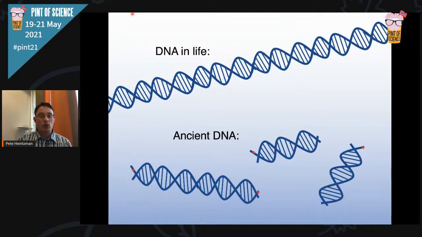It becomes really, really short, basically as short as the molecules shown here. Not only does the DNA fragment, the ends of the DNA also become modified. They become what we call damaged. And these damage signatures that we see at the ends of the molecules are how we characterize ancient DNA and authenticate that it's real.